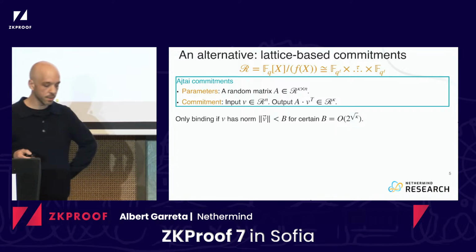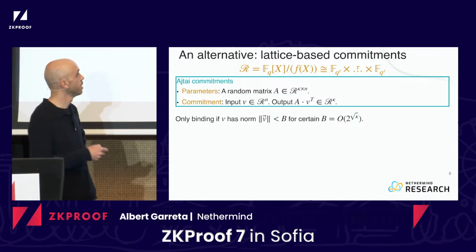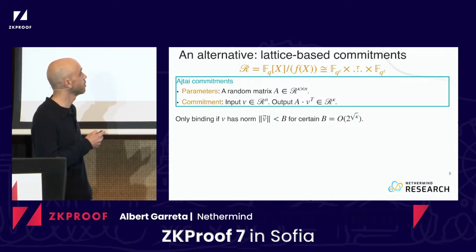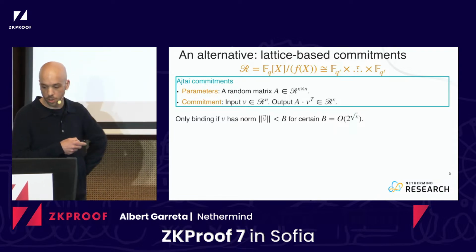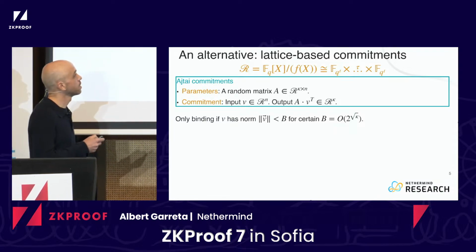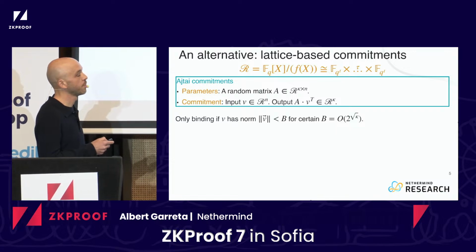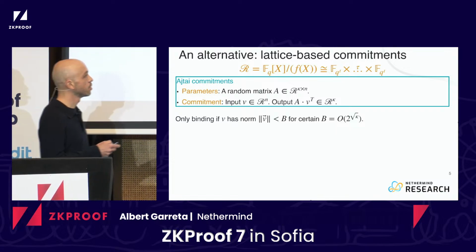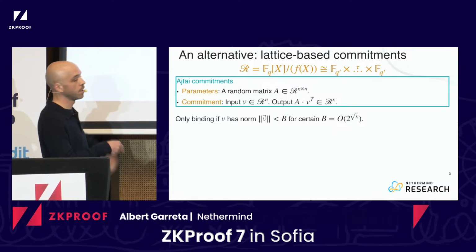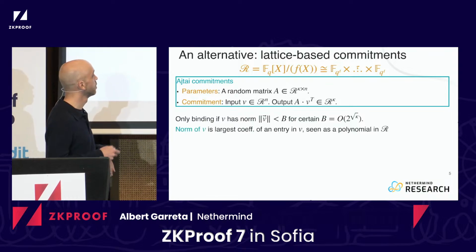There's a big caveat in this commitment scheme, which is that it is only binding if the norm of the vector you are committing to is at most b, for a certain parameter b, which is roughly 2 to the square root of kappa, if you fix the rest of the parameters.